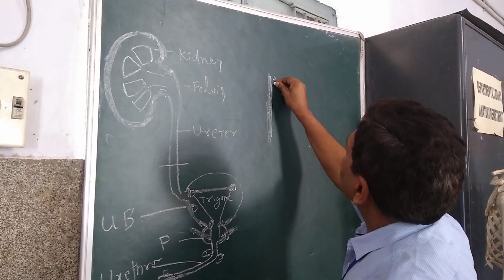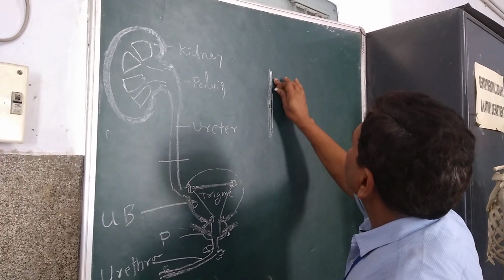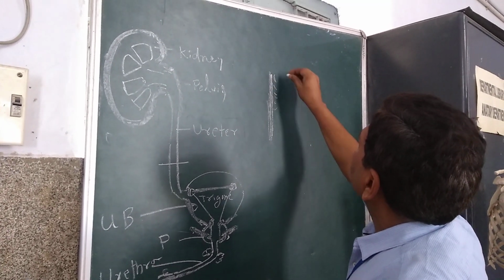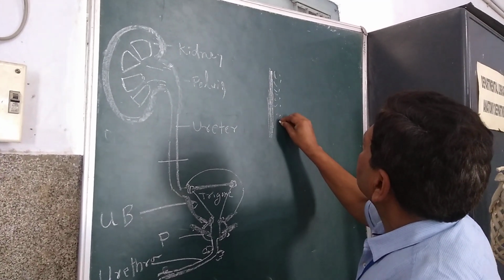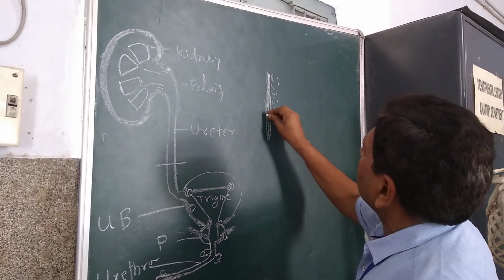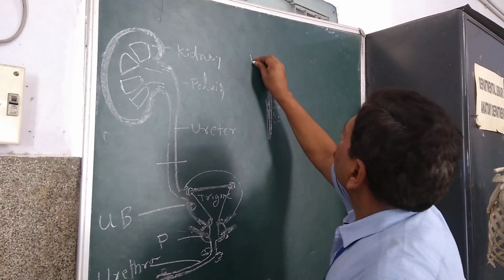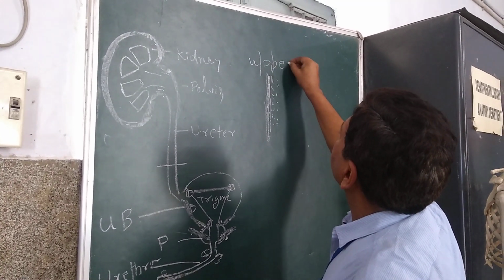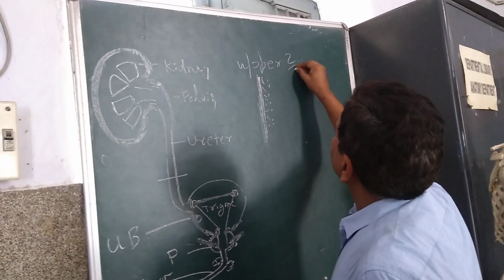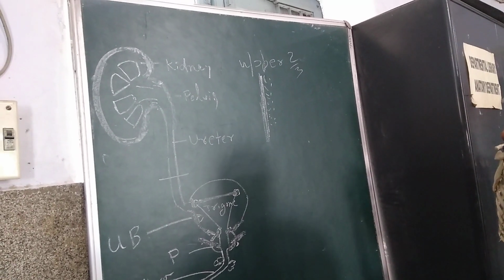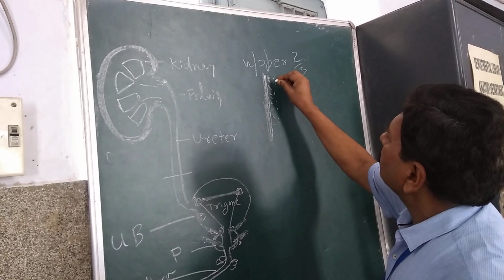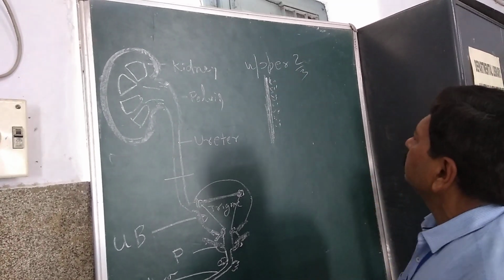outer circular and inner longitudinal layers in its upper two-thirds. The upper two-thirds of the ureter has two layers of muscular coat, outer circular and inner longitudinal.